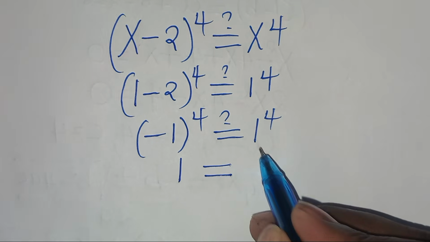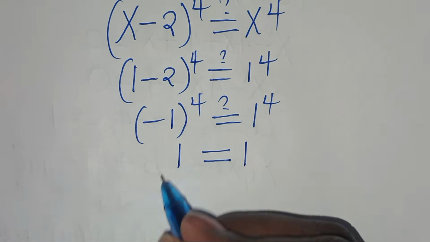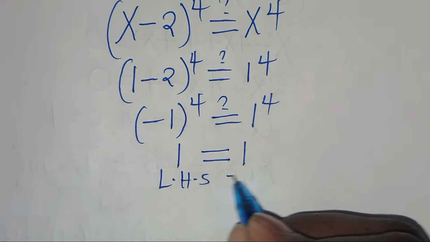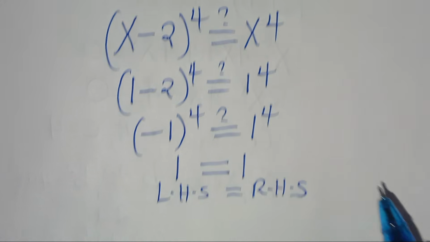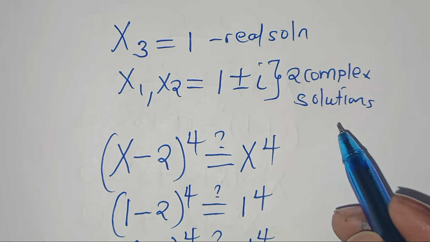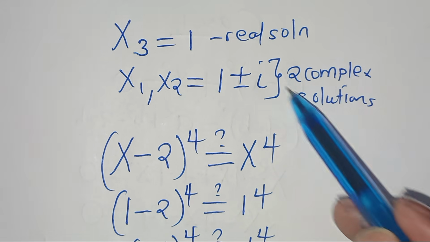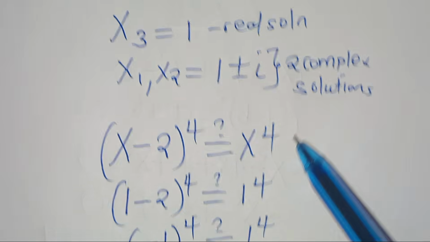And this is equal to 1 to the power of 4, which is 1. So the left hand side is equal to the right hand side. And this proves that x equal to 1 satisfies the equation. So we have two complex solutions and one real solution.